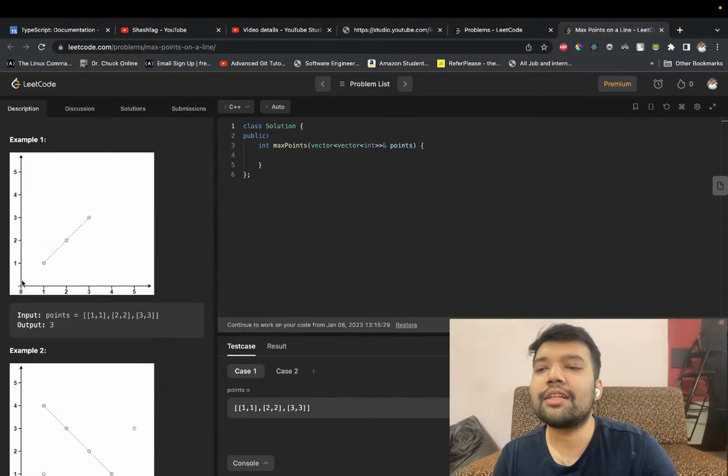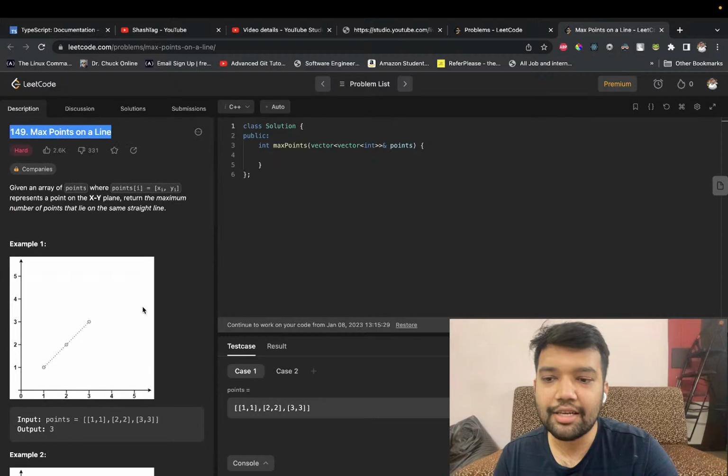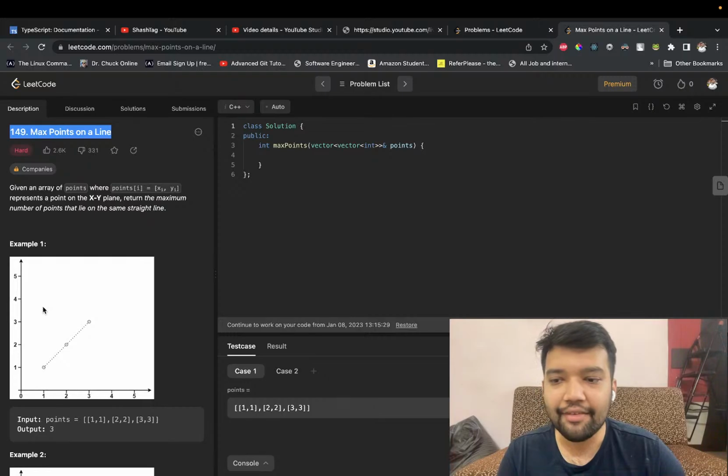For negative numbers, let's say we have a line like that; there also the slope or the sum. Do I make sense to you? For being on the same line, they either have to have the ratio of x and y equal or the sum of x and y equal. That's what I see from this problem.